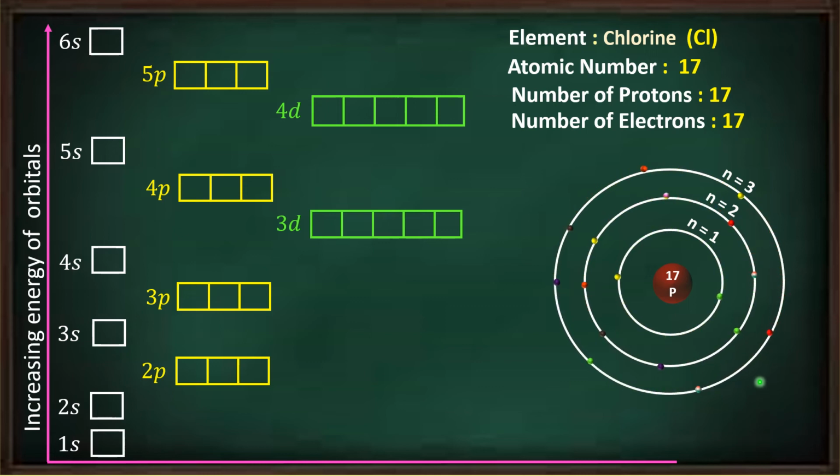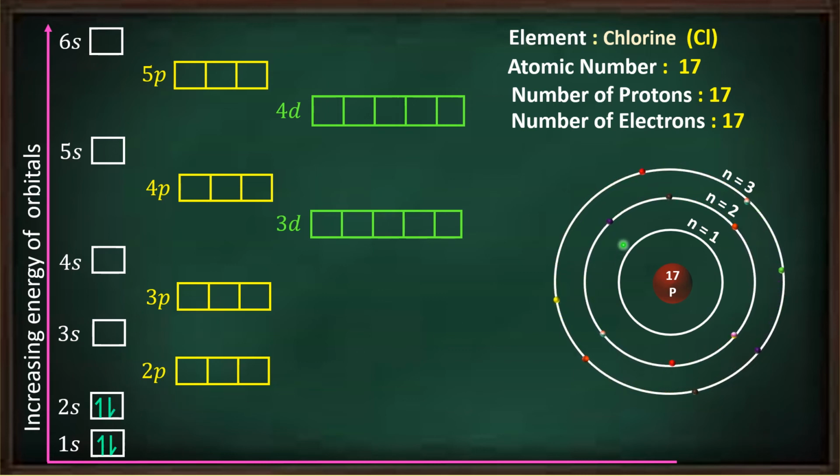So the first electron enters into the 1s orbital. The second electron pairs up with this. Next, the third electron enters into the 2s orbital. The fourth electron pairs up with this electron.